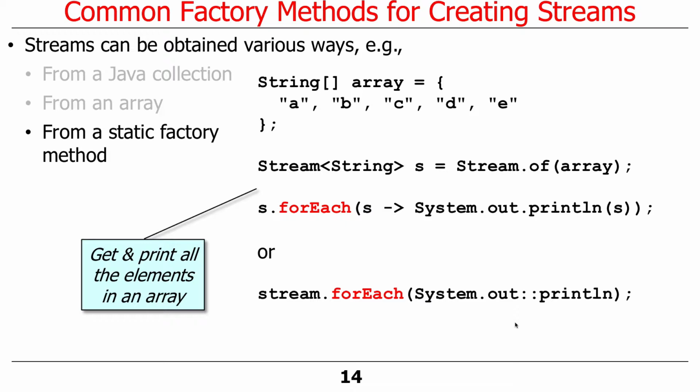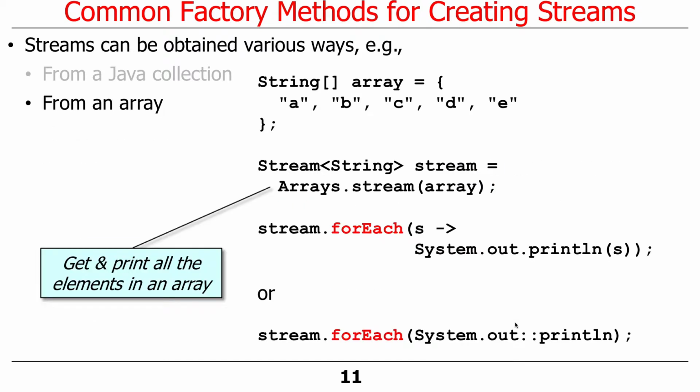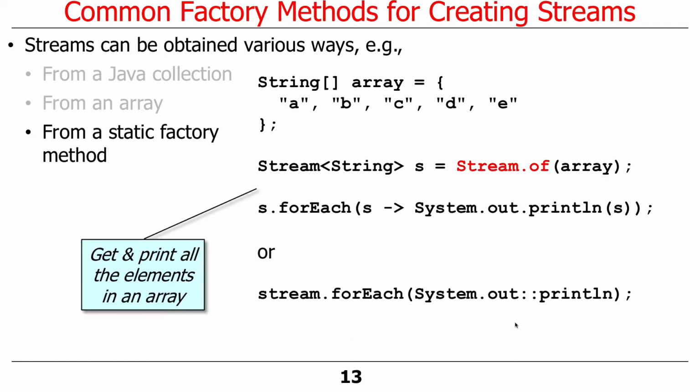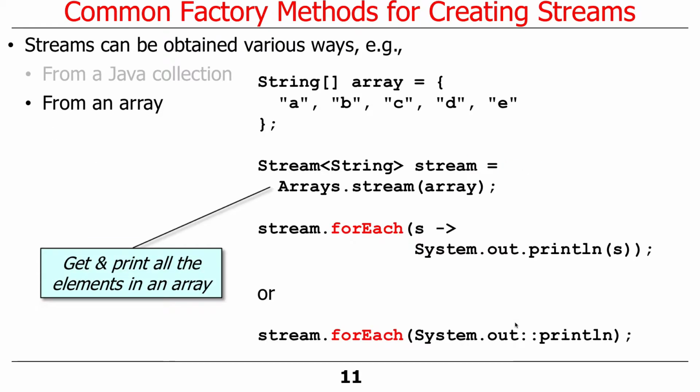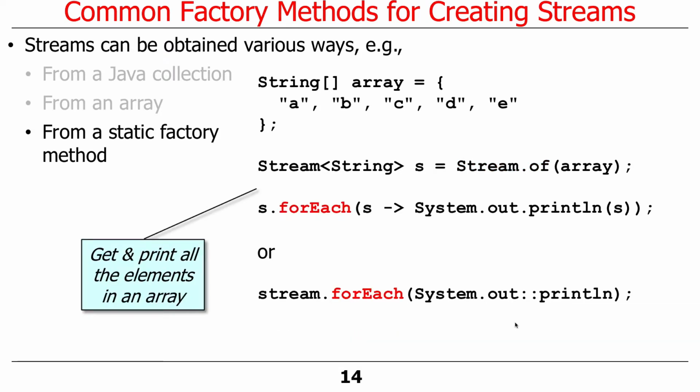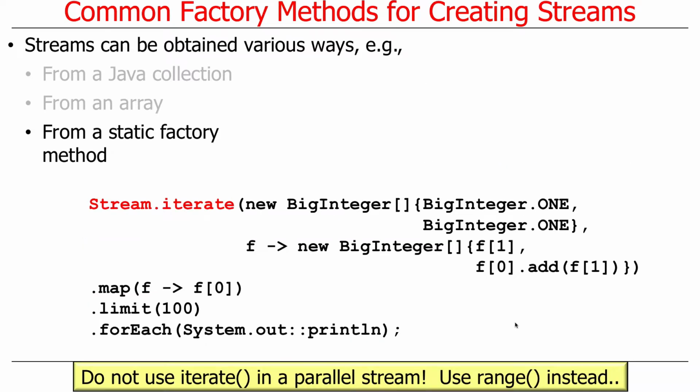And I guess I should say this is S, not stream. Which is better? It kind of depends what you're trying to do. I kind of like the Stream.of variant, but they're essentially equivalent here. You can do Stream.of, or you could also do Arrays.stream. They do the same thing. Not really a good reason to choose one or the other.